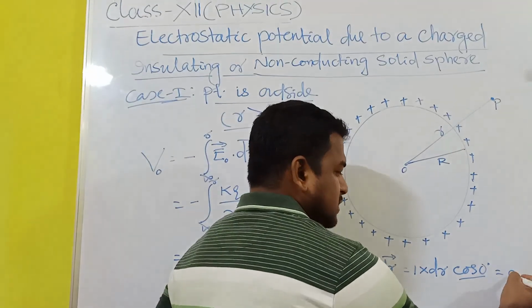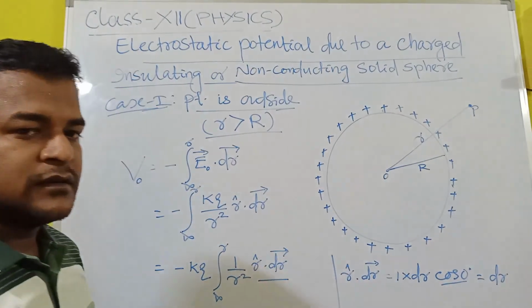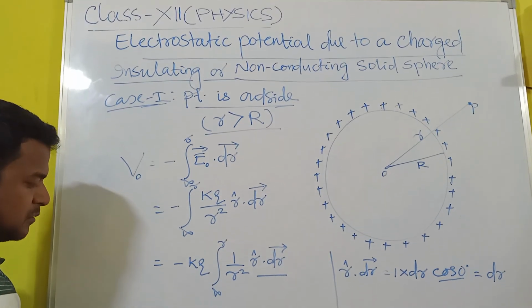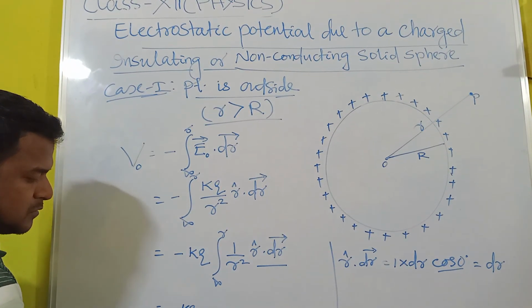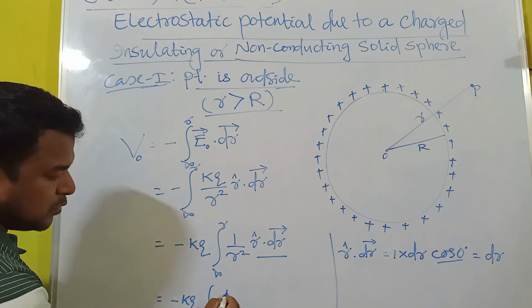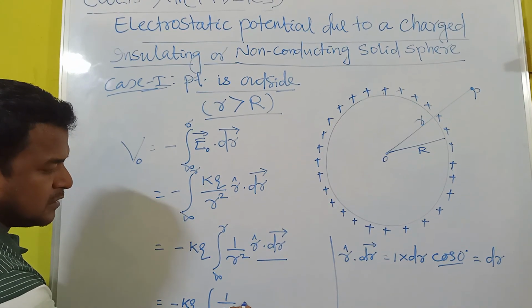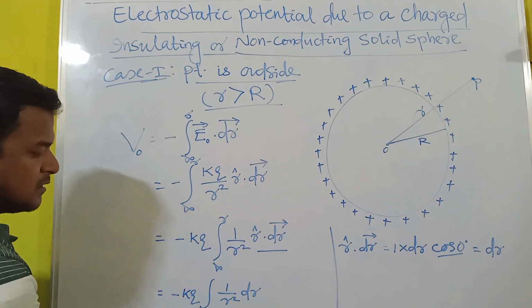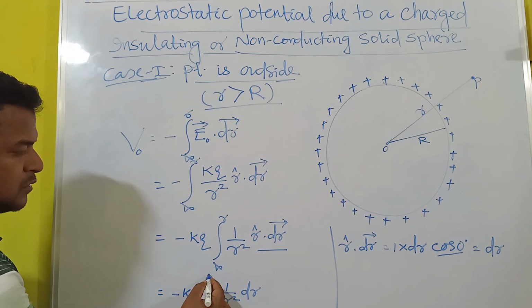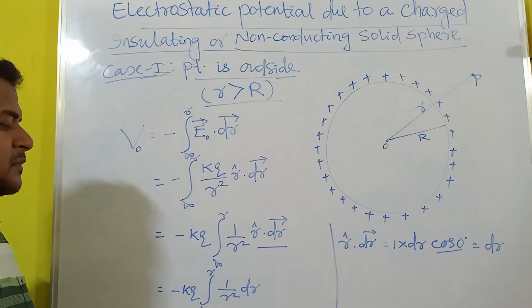So it will be dr. Putting the value here, it will be minus kQ times the integral of 1 upon r square dr from infinity to r.